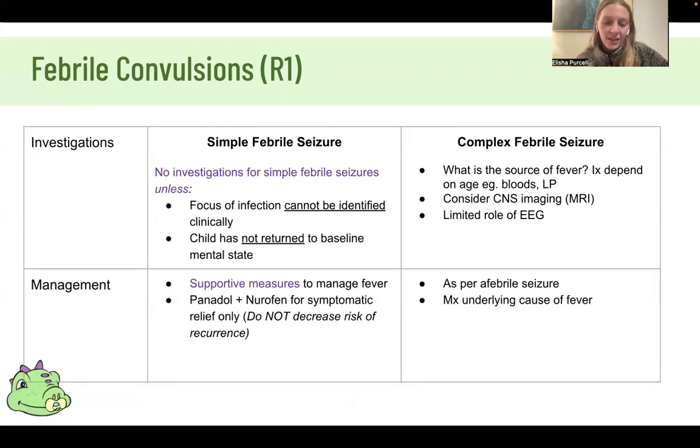Based on that, you can do particular investigations like a lumbar puncture, or obviously bloods. More likely to consider central nervous system imaging in complex febrile seizure as well. Management is supportive therapy, just managing the fever with Panadol and Nurofen.